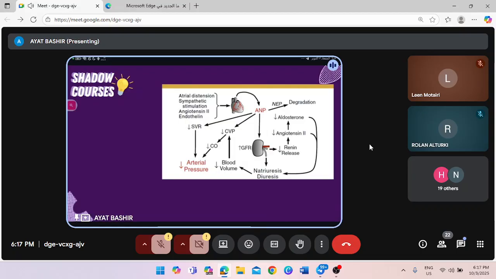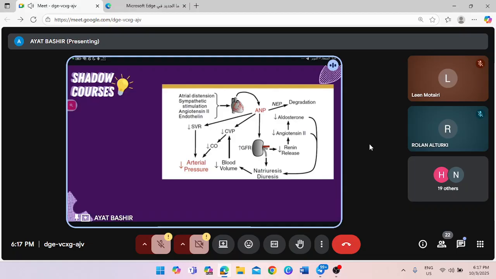When there is an increase in the volume of blood in the heart, the atria will expand, and when they expand, they secrete ANP and BNP. This hormone, or peptide, will try to decrease the blood pressure by increasing the GFR. When we increase the GFR, what will happen? We will have diuresis.